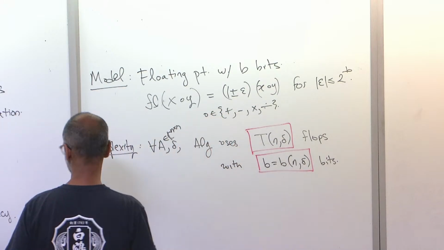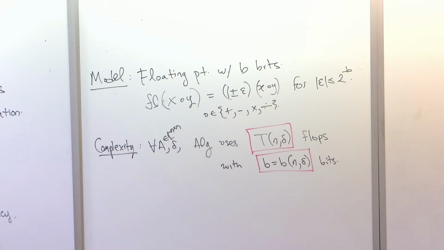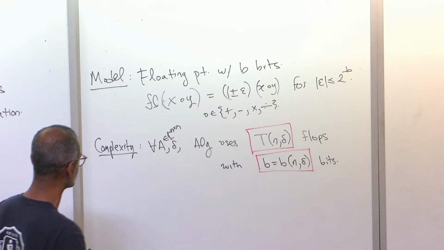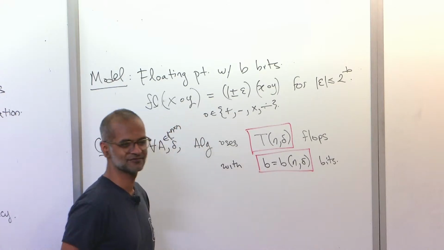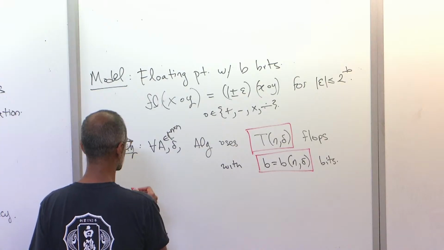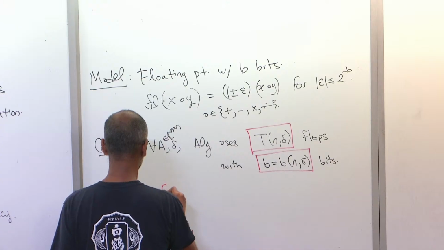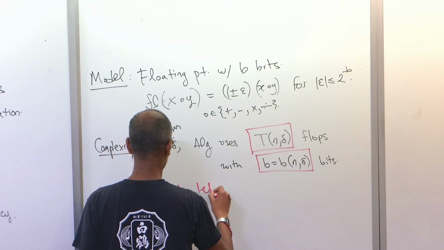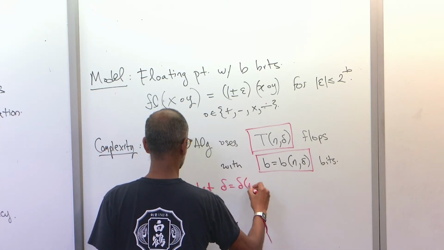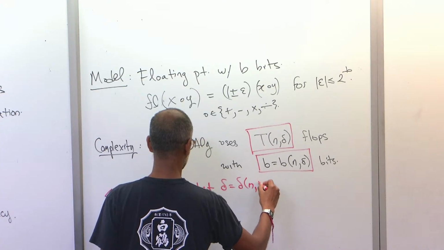So let me make a remark. When I gave this talk to a numerical analysis audience, people were very upset for a time, because in a computer, you don't have b bits of precision. But in numerical analysis, what people do is they fix b, and then ask how big is delta as a function of n and b.